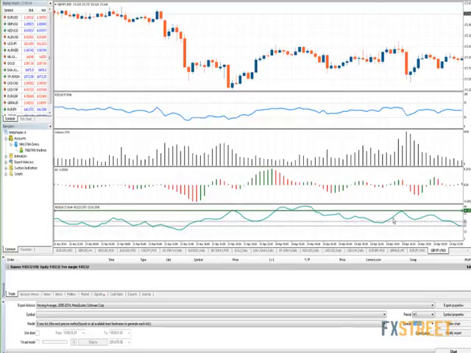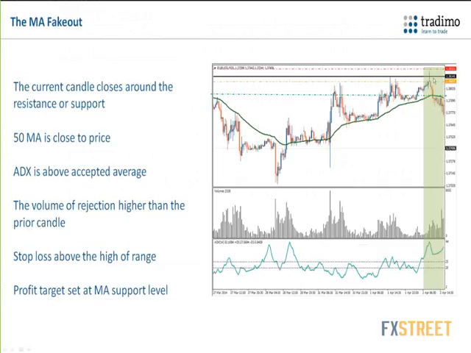Generally what you're looking for is the reversal to take place, and you're looking for it to maybe take place in a ranging market. That's generally when it's more effective. In a trend, you might just be forming a consolidation pattern. As well as this, guys, we have a nice 50 moving average on the chart.